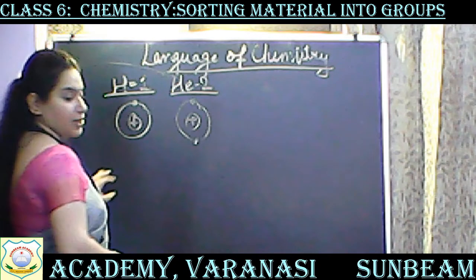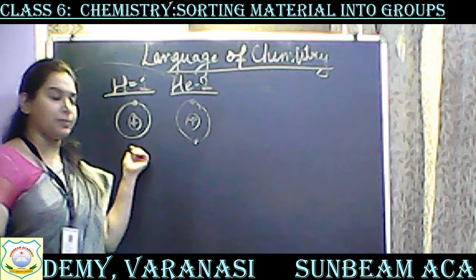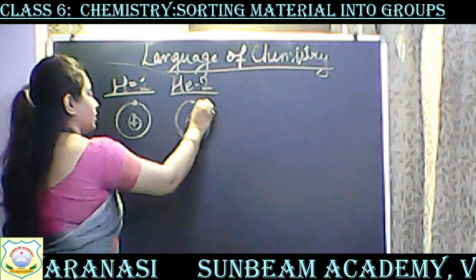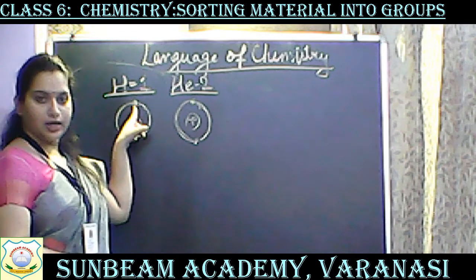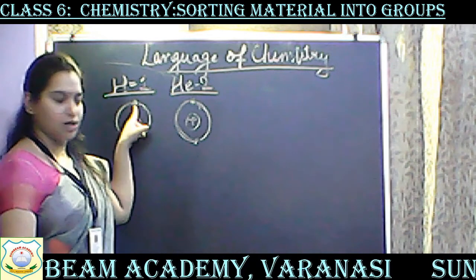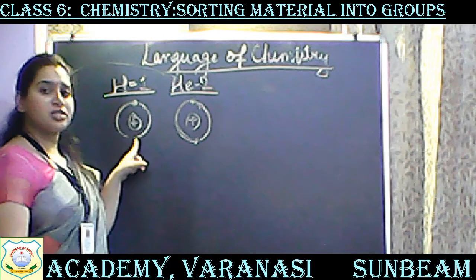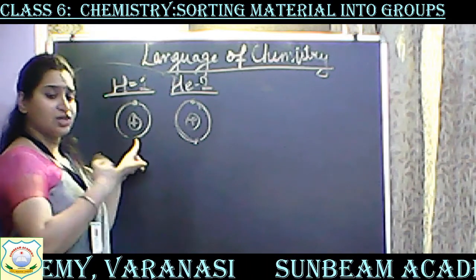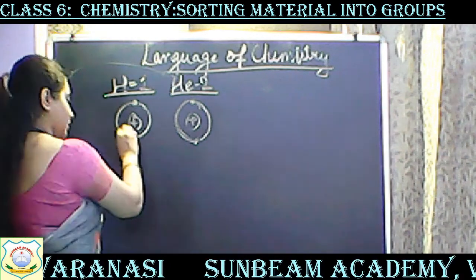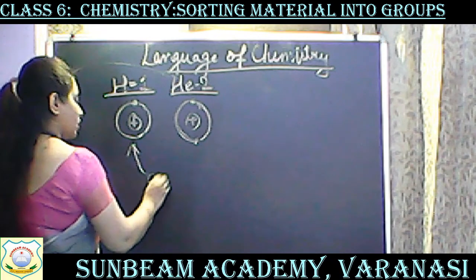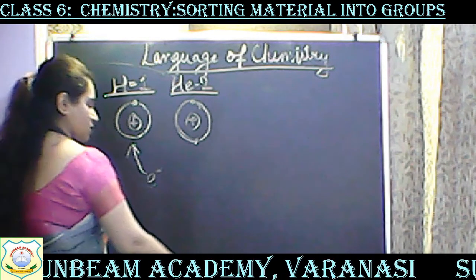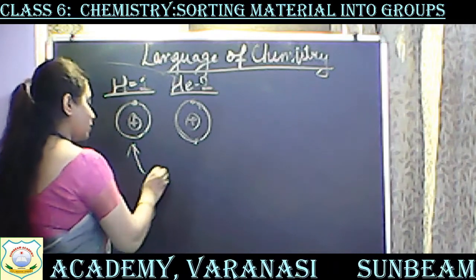अच्छा, अब आप ये देखिए यहाँ पे, हाइड्रोजन के पास एक इलेक्ट्रॉन है इस शेल में, तो इसके पास पॉसिबिलिटी है कि एक इलेक्ट्रॉन और आ सकता है, isn't it? क्यों है?